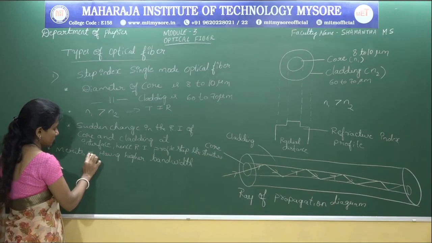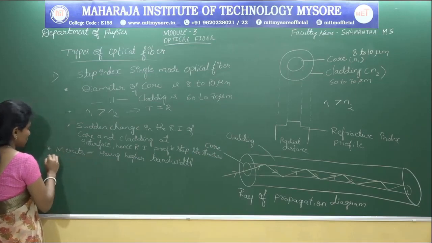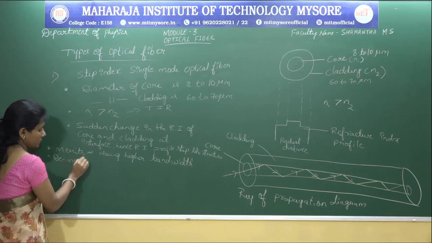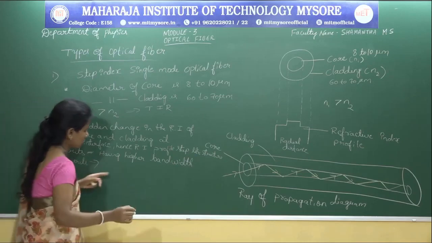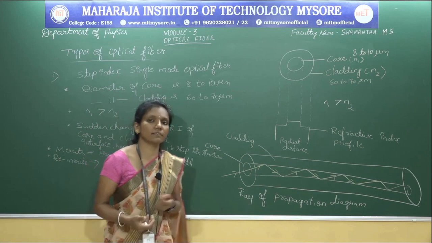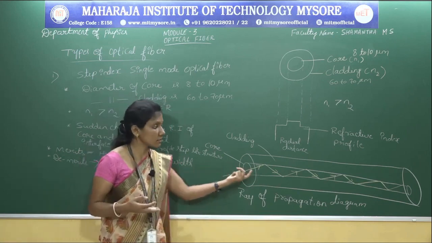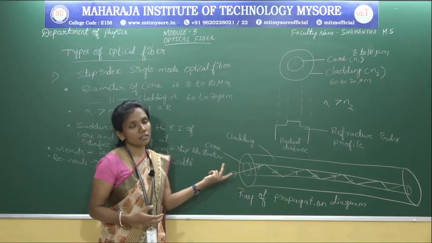But what are the demerits of this optical fiber? It is very difficult to join, that is, splicing is very difficult.